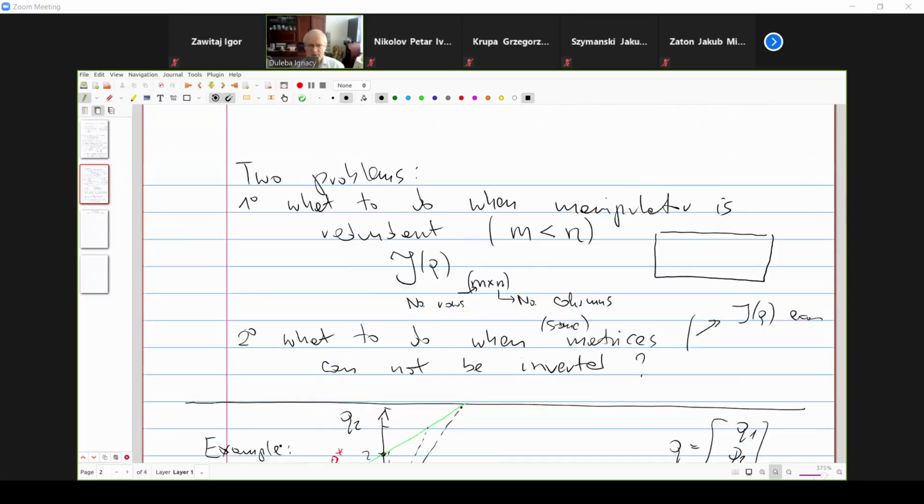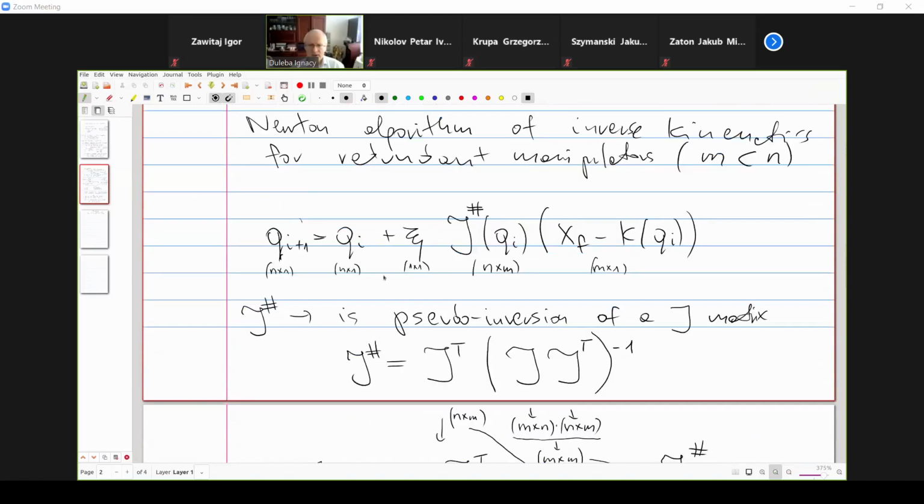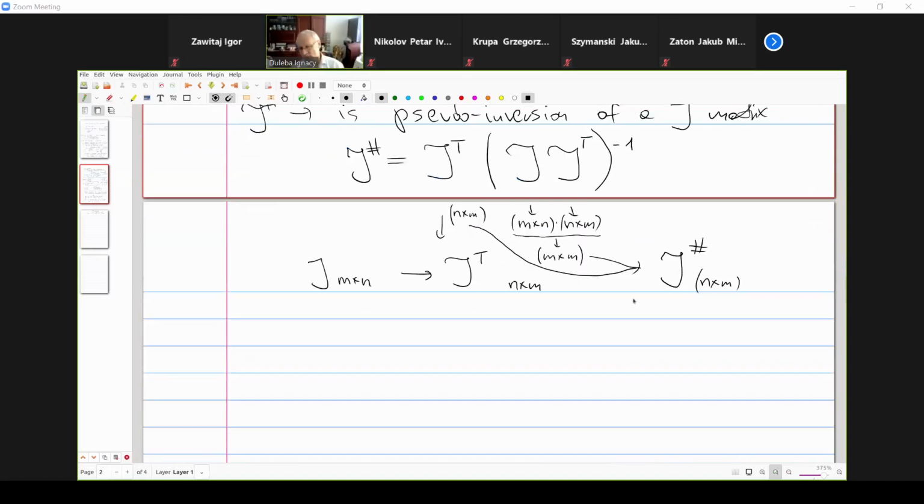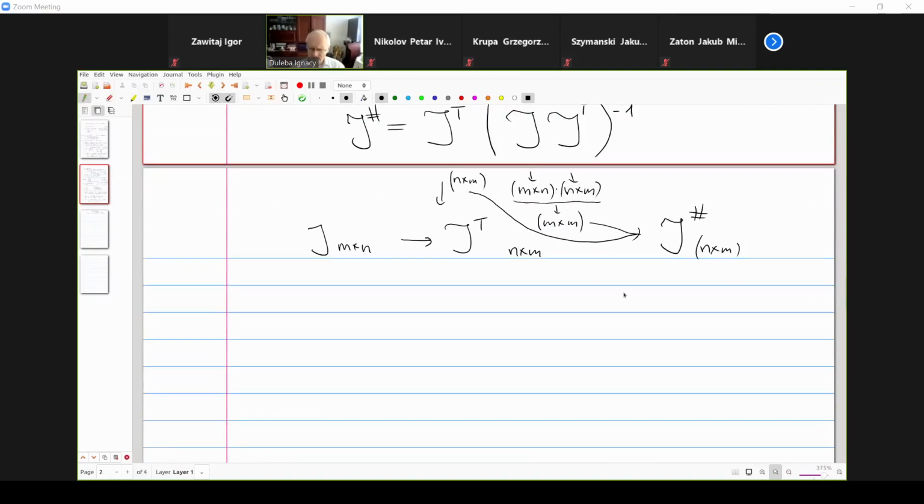And also in this algorithm, the definition of pseudo-inverse contains a matrix inversion. So the same problem appears, inverting of some matrices. And we will address this problem in a while.